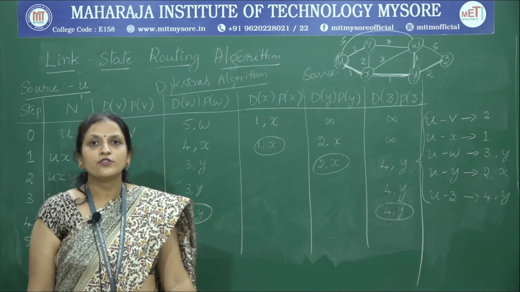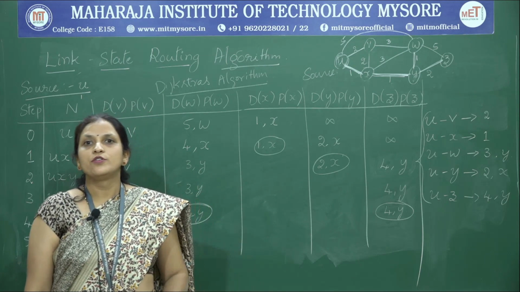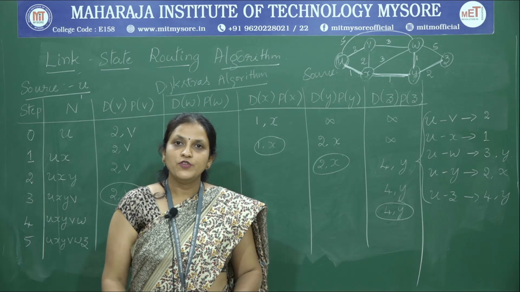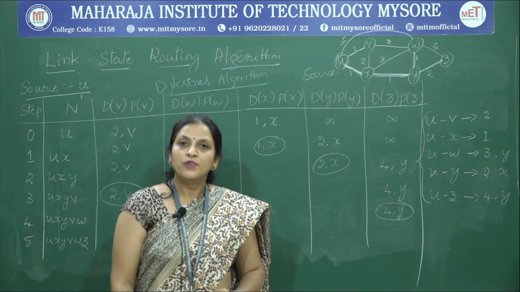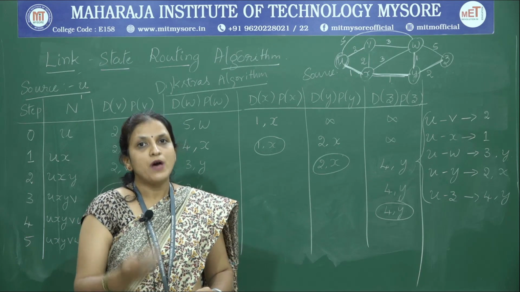In the next class, we are going to study the distance vector algorithm, in which we are going to discuss a decentralized approach of routing algorithm, in which case we are going to update the routing algorithm at every iteration that we pass through.